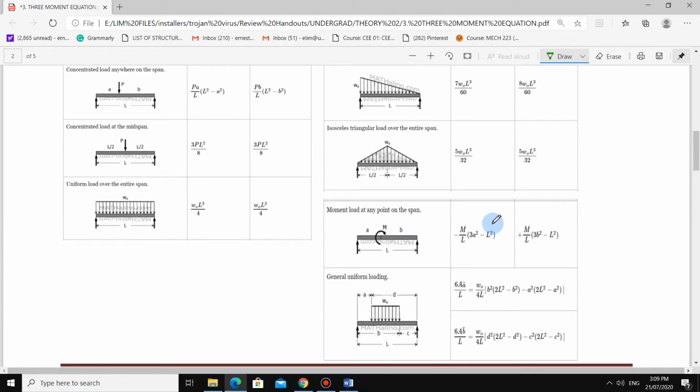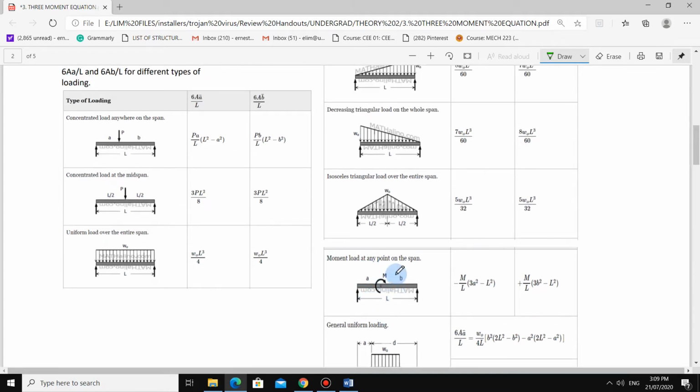Then how about for a moment load at any point on the span? If there is a moment, there is rotation.